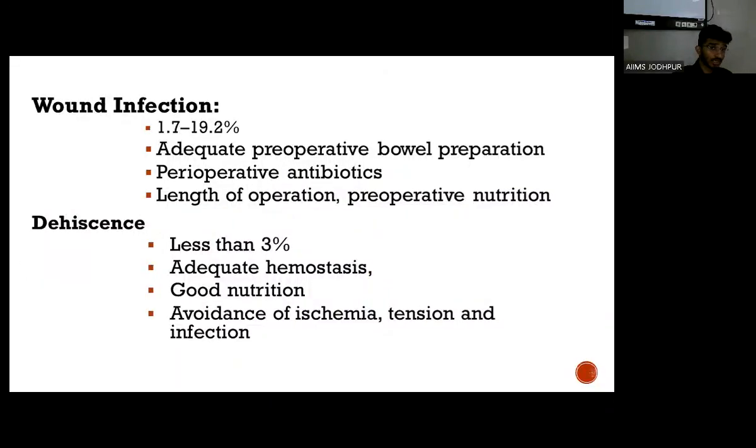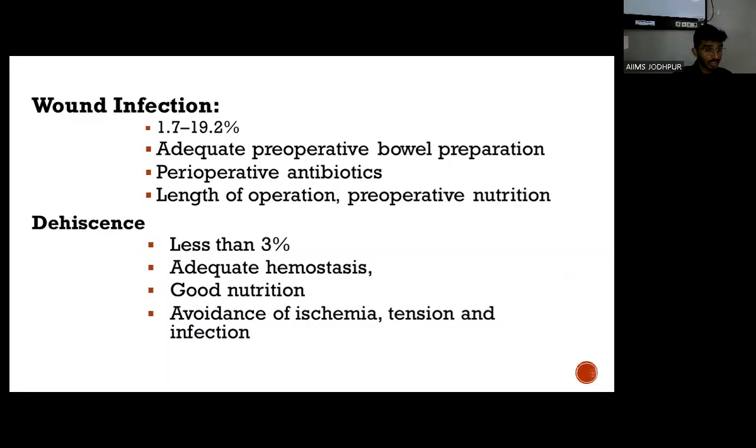Wound infection is a very common complication, which ranges from 1.7 to 19.2% in incidence, and the ways through which it can be tackled are adequate preoperative bowel preparation, preoperative antibiotic usage, and also the length of operation and preoperative nutrition.